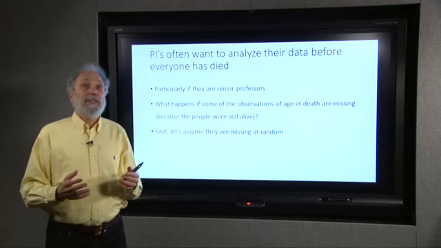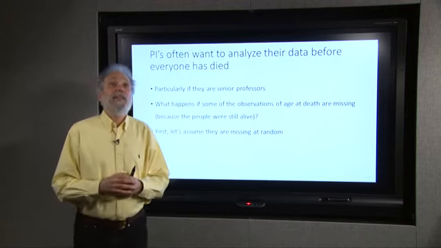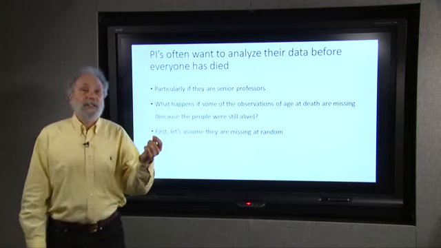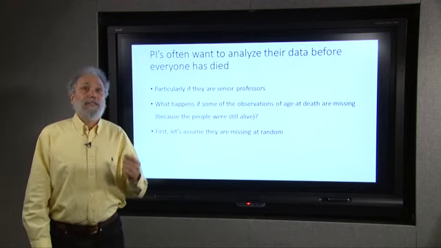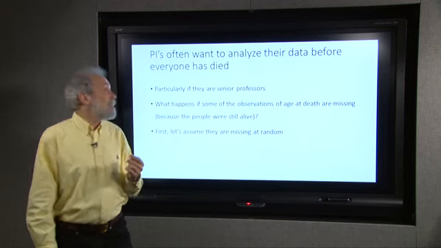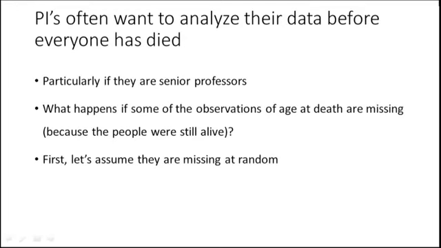So what happens then? Is that the reason that we're not going to use age at death as the outcome variable in survival analysis? Well, what happens if they're missing at random? Let's take a look.